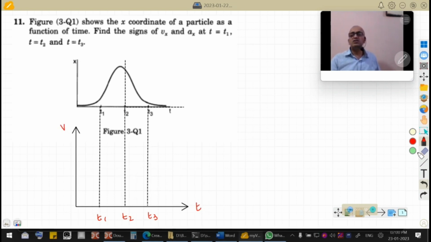Remember, I am making a velocity-time graph. So I will assume that the velocity has varied uniformly from time t = 0. T2 is not the peak. How can you guess T2 is not the peak? Carefully see here, this is not the peak. In fact, I can use red color for that.